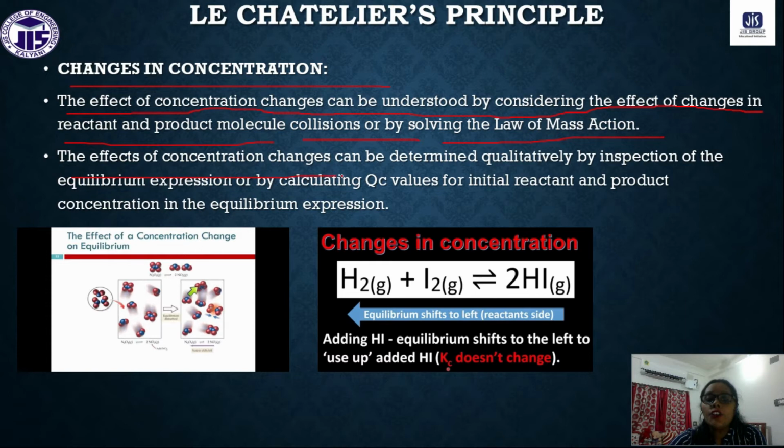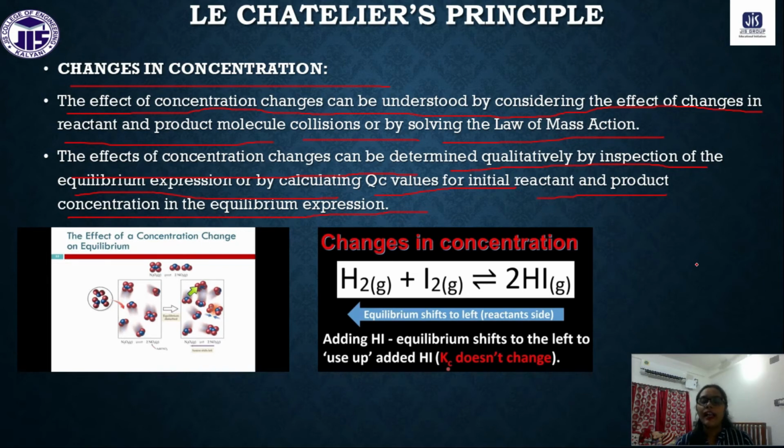The effect of concentration changes can be determined qualitatively by inspection of the equilibrium expression, or by calculating Qc values for the initial reactant and product concentrations in the equilibrium expression.